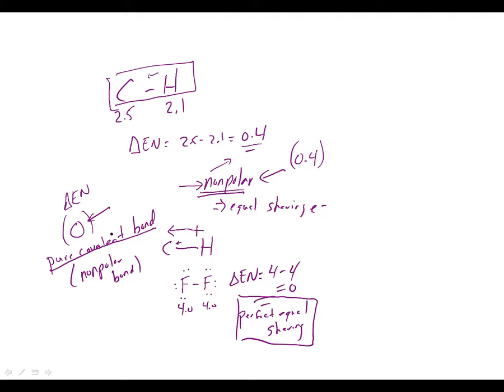But you really don't get that perfect, in quotes, equal sharing of electrons until you get a difference in electronegativity of zero, which is pure covalent as opposed to polar covalent. If you do hit 0.4, like in carbon and hydrogen, it would still be considered a nonpolar bond. Other questions on that?